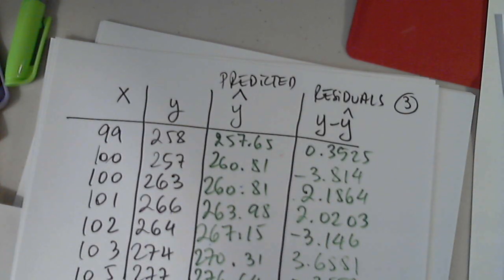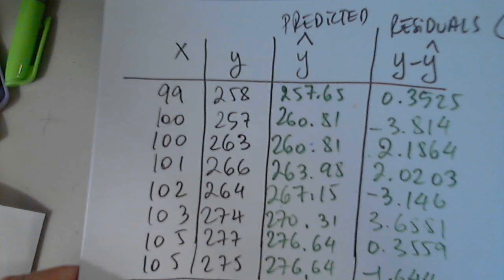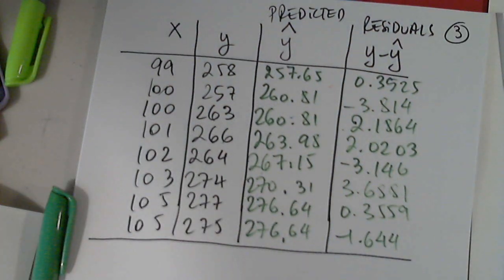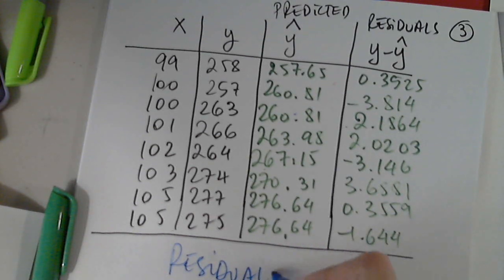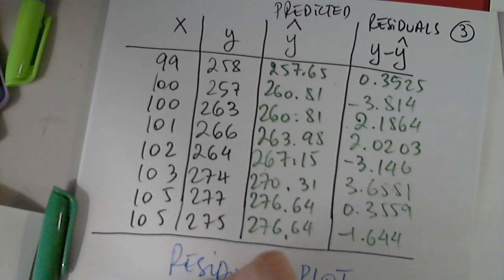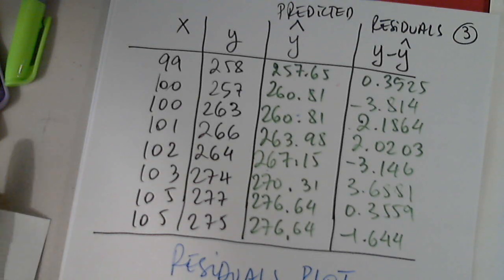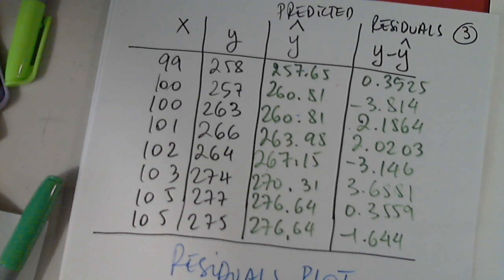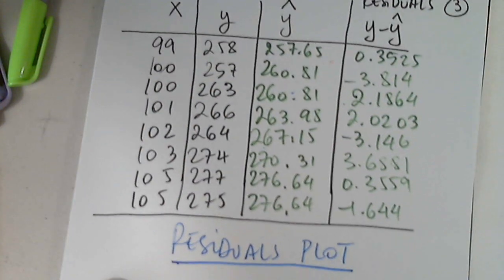Now we finally want to draw a residual plot. Why? Remember when we started, we talked about why we wanted to check with the table whether the linear regression model was a good fit or not, and we looked at the table.